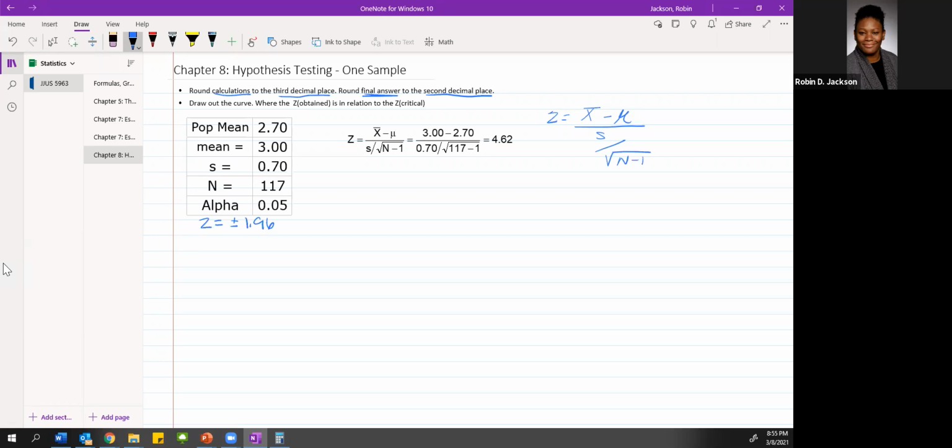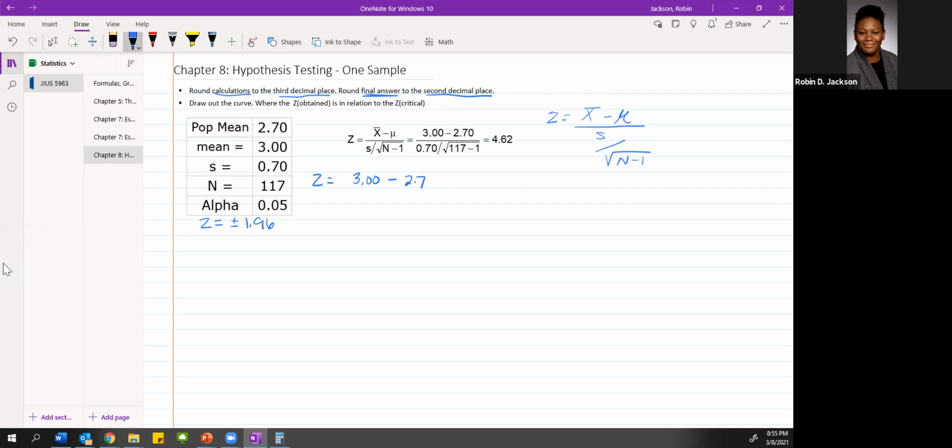All right, so now let's go ahead and plug in my numbers. So we've got Z is equal to 3.00 minus 2.7, because remember, these are all our numbers over here. I don't have the symbols, but at this point, hopefully you know the symbols. If you don't, keep working at it. Just keep doing what you can to try and get those symbols drilled into your brain.